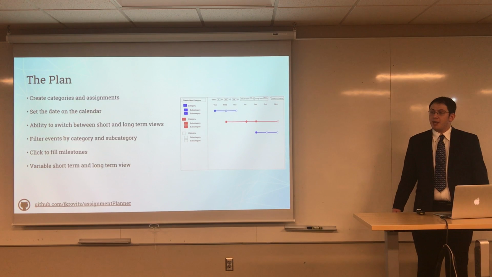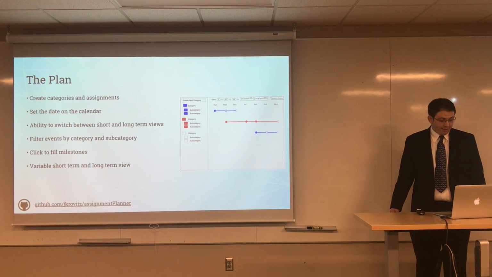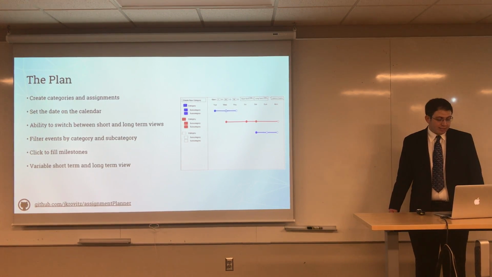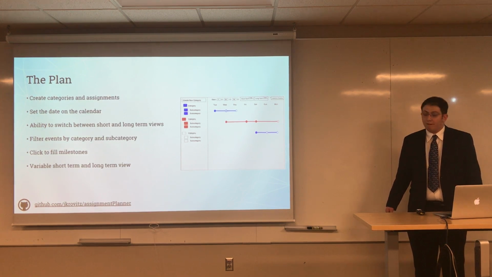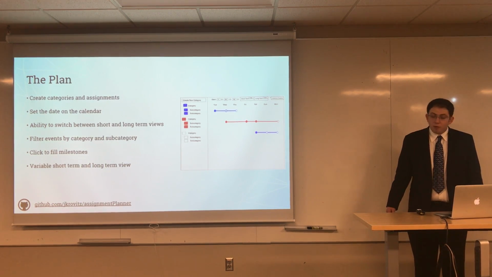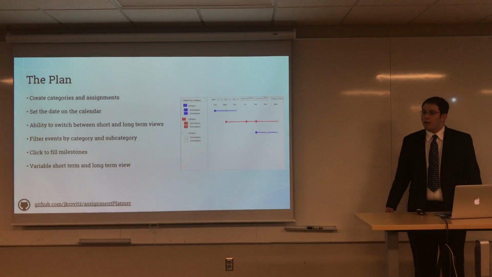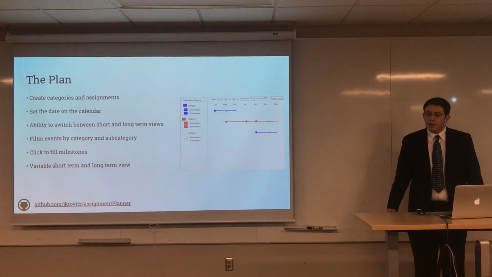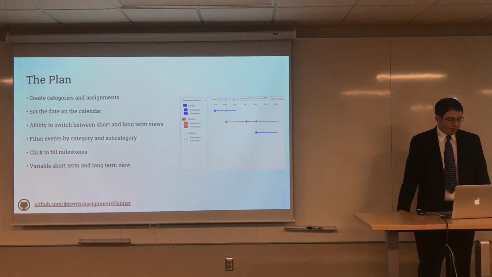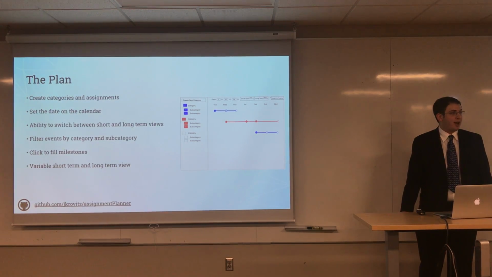The user should then be able to set the start date on the calendar and view their assignments starting from whatever date they set, as well as be able to switch between short and long-term views. The user should also be able to fill in milestones of an assignment.